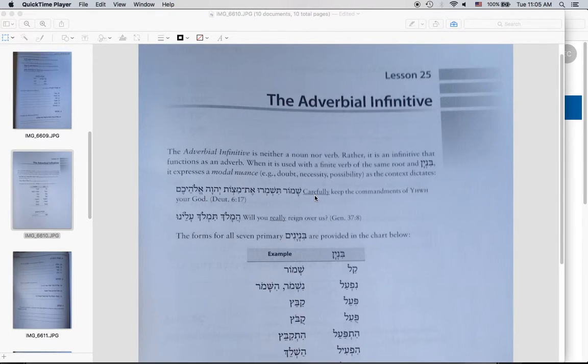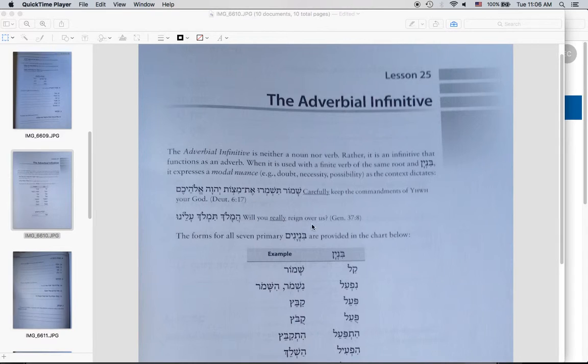So we can say carefully in English: carefully keep the commandments of the Lord your God. There are a lot of different ways that you can translate it in English. What you need to do is find a way to add some sort of emphasis to the existing verb, because we can't say "to keep the commandments of the Lord your God." That makes no sense in English. So the repetition adds some intensity.